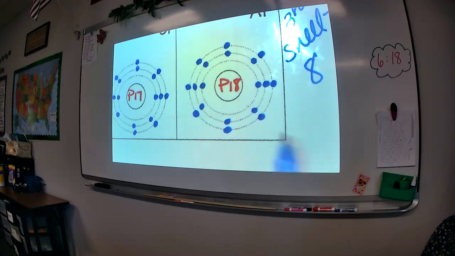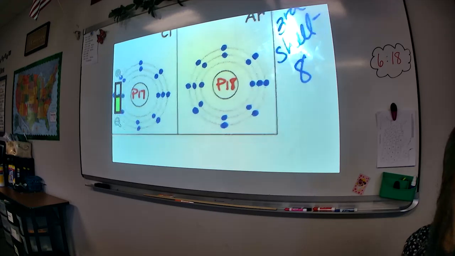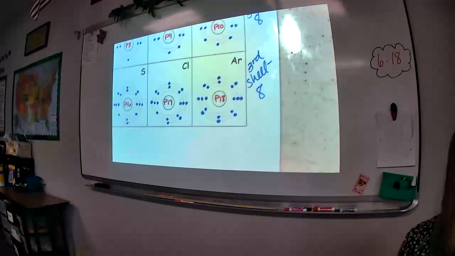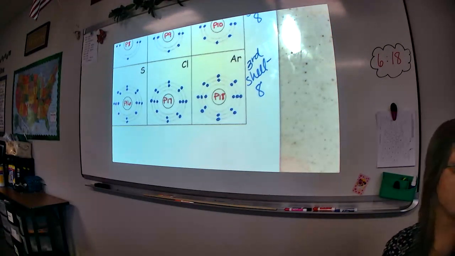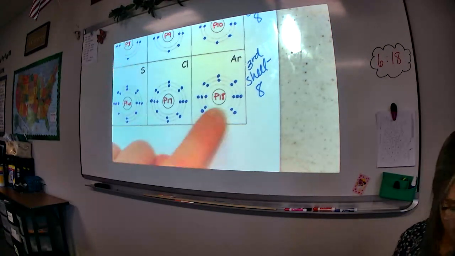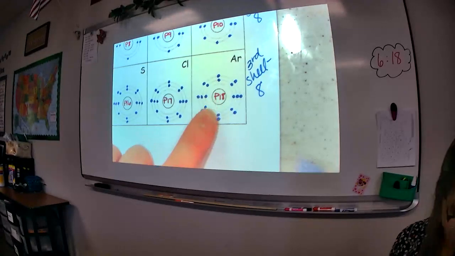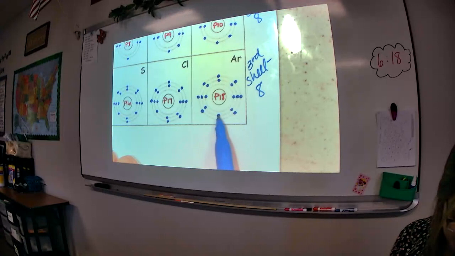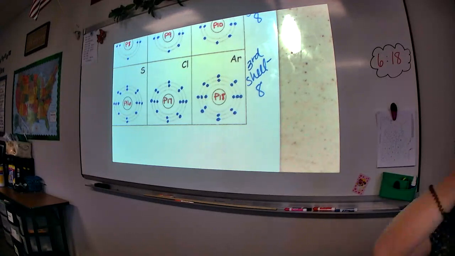I get it now, because I was confused. I thought the limit was total, but it's only in that shell. In total, there should be 18 electrons: 1, 2, 3, 4, 5, 6, 7, 8, 9, 10, 11, 12, 13, 14, 15, 16, 17, 18.